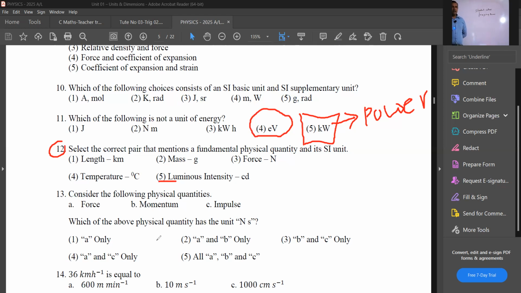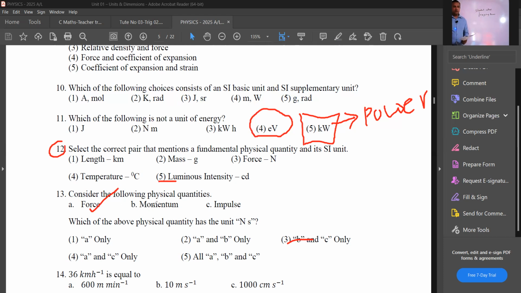What is the answer? You can use the rejecting answer method. Very good. Answer is answer number 3, because I know this SI unit of force.